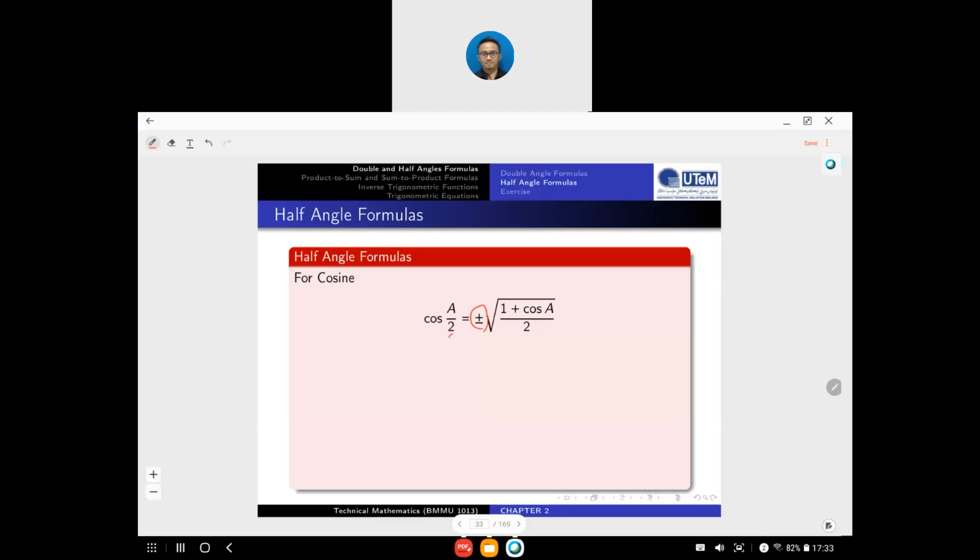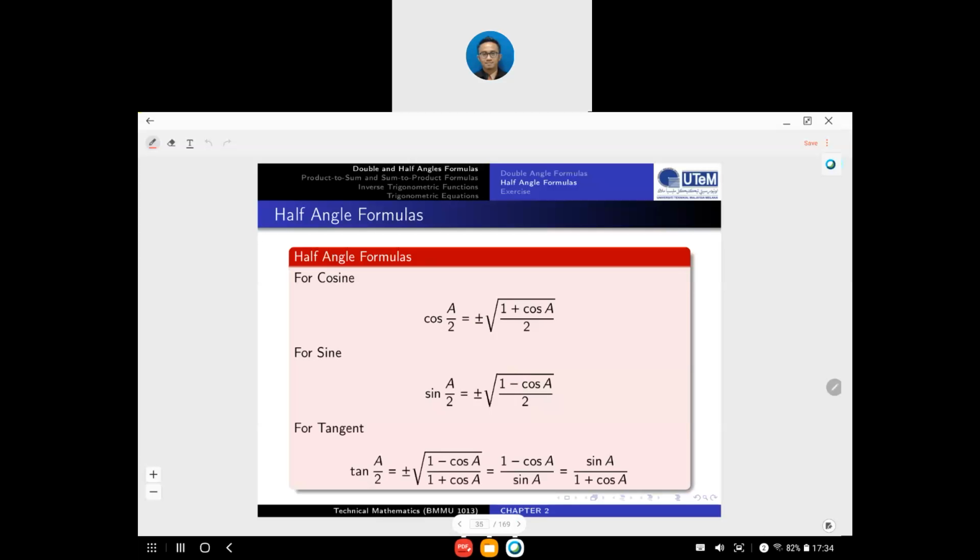Kalau kuadran ketiga, cos also negative. So you must give the answer negative. Okay, plus minus ni kena depends kepada kuadran angle tu duduk kat mana. Okay, for sine also the same thing, but here is minus. Okay, square root of (1 minus cos A) divide by 2.